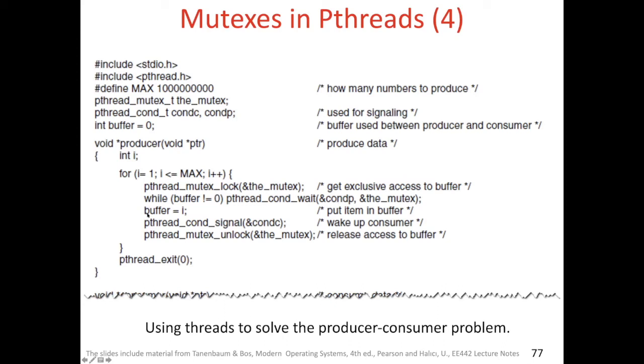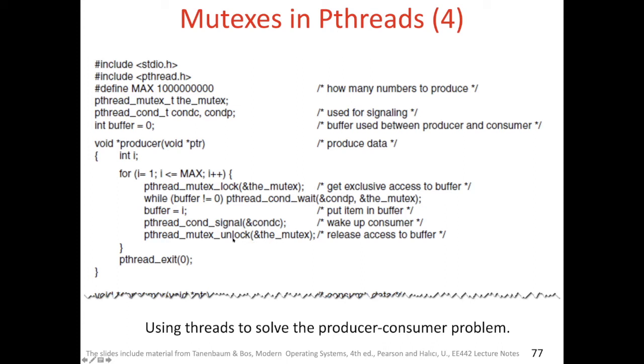When it is able to continue, buffer is set to i, putting the item in the buffer, and then pthread_cond_signal is called on condition conc. This sends a signal to wake up the consumer. Then we have pthread_mutex_unlock.